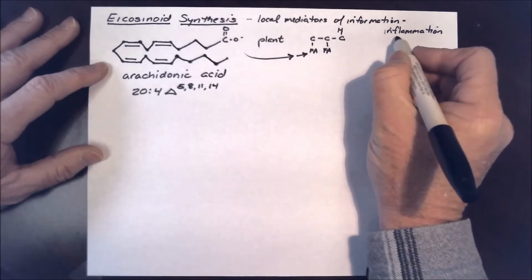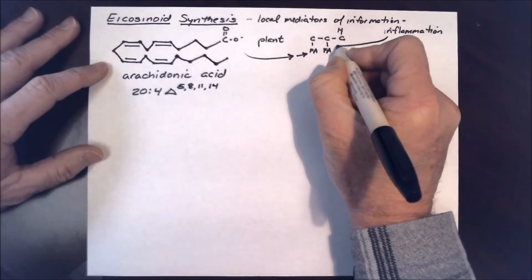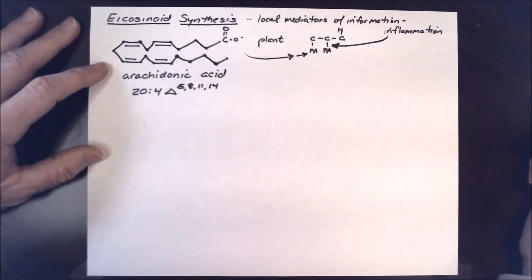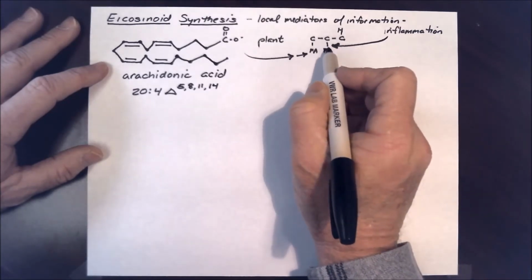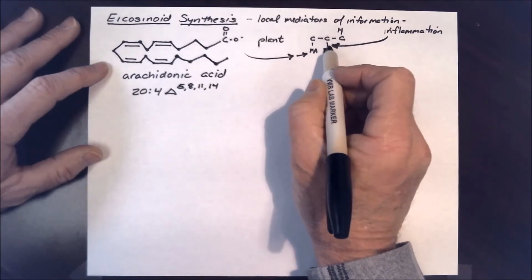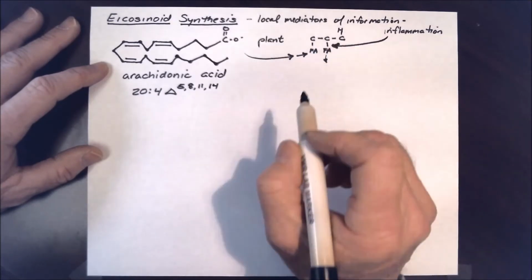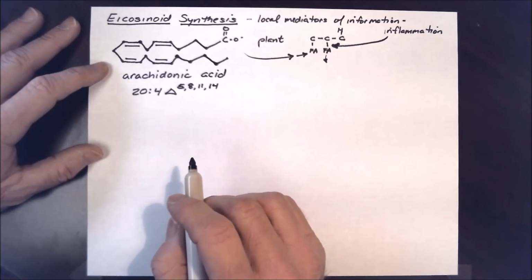Now, when we have an inflammation response, these inflammatory signals will introduce esterases, enzymes that will hydrolyze ester linkages. Typically these are lipases, and it will release the fatty acid from the membrane. The fatty acid now can be processed.